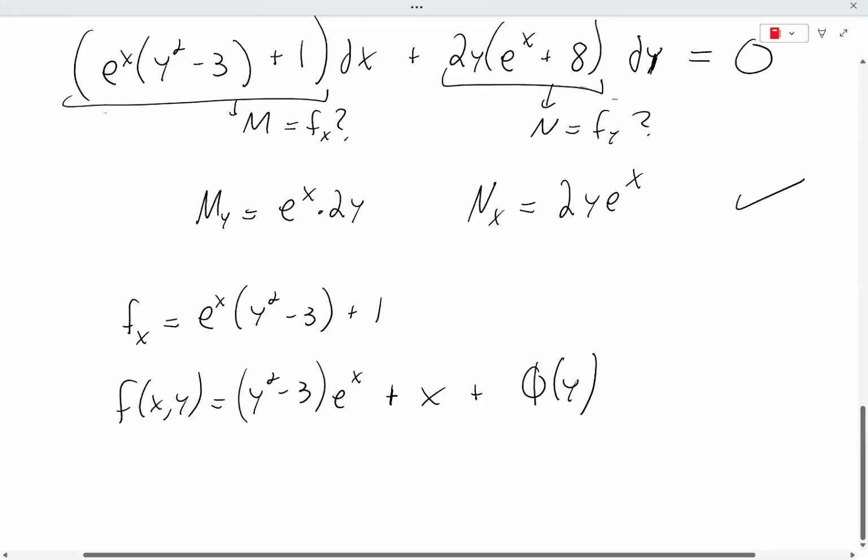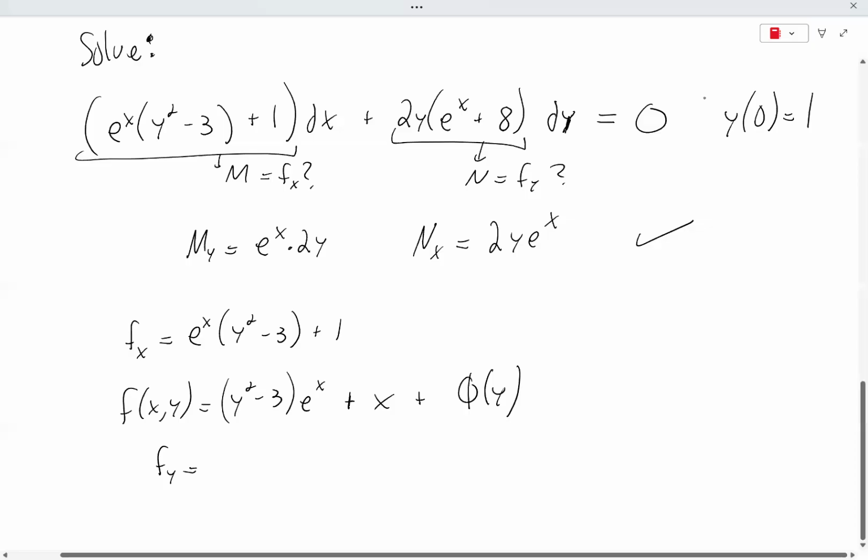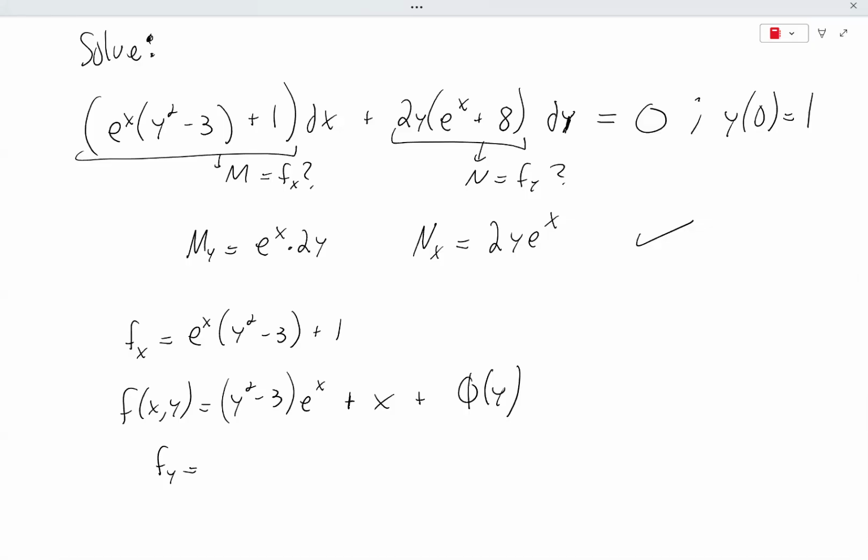Now next, I take the partial of this with respect to y. One more thing I forgot to mention: we have an initial value problem here. Let's say y of 0 is equal to 1. I forgot to write that down in the beginning.